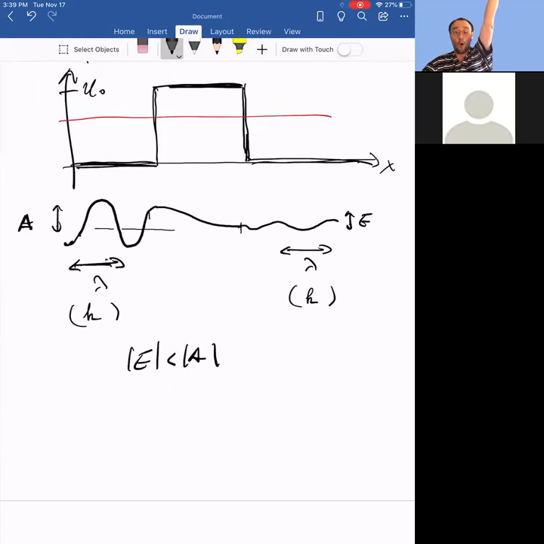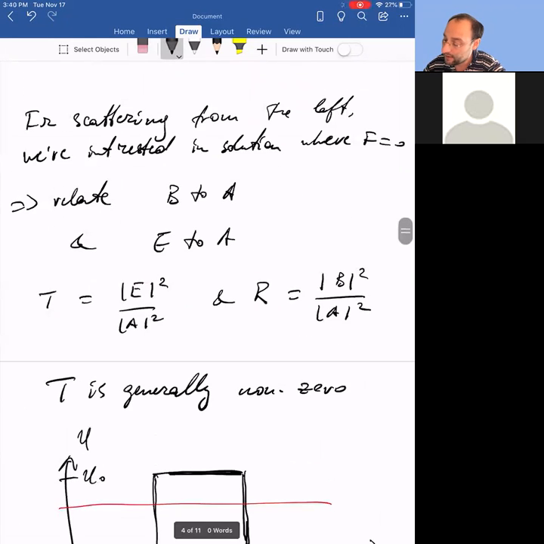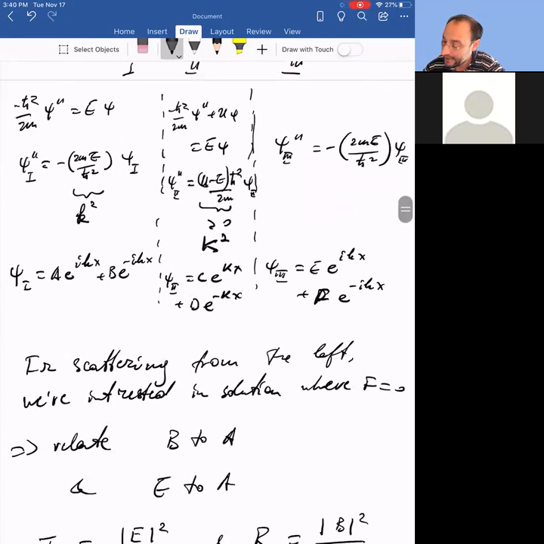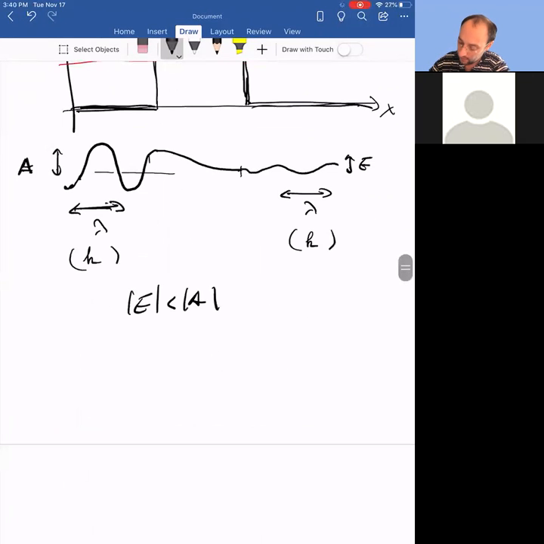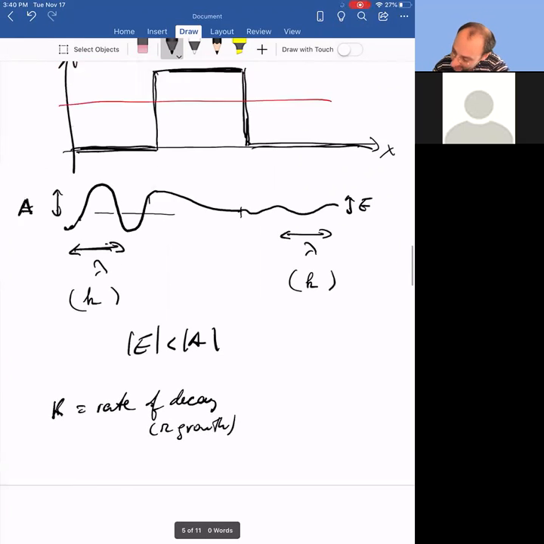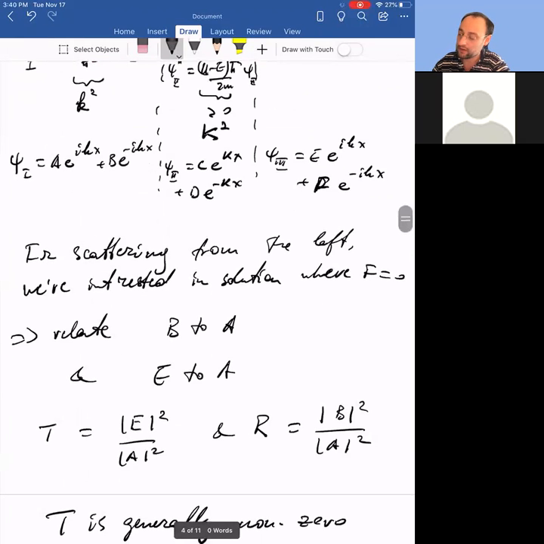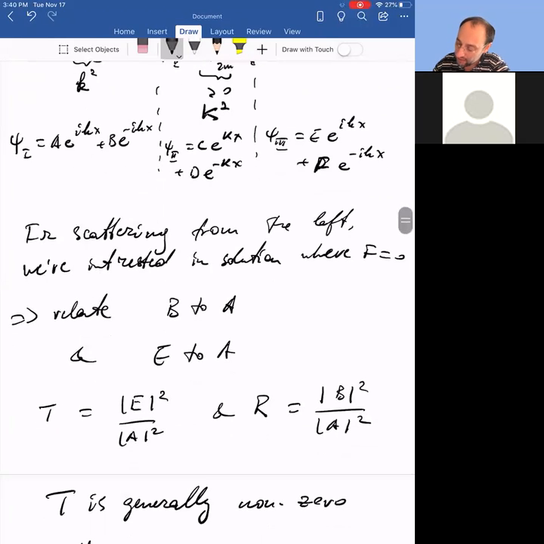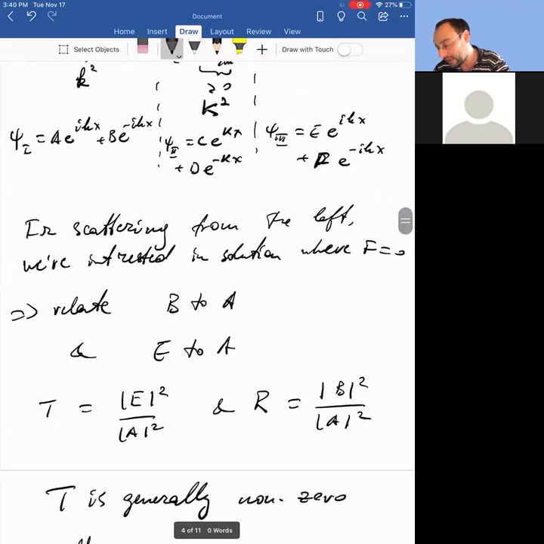The barrier is tall in comparison to E, the wave function decays faster, because remember that the rate of decay is the square root here. Kappa equals rate of decay or growth, but again, the coefficient in front of the growing term is typically smaller than the coefficient in front of the decaying term.